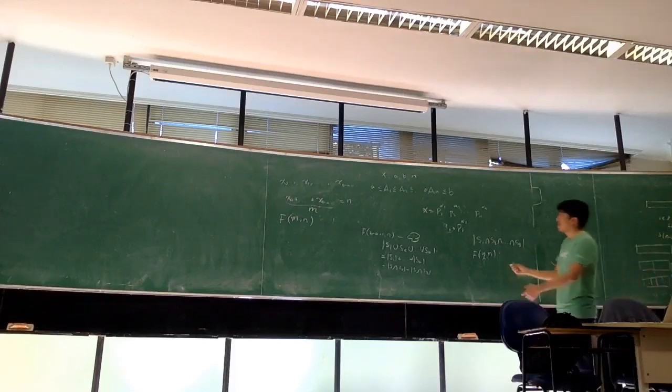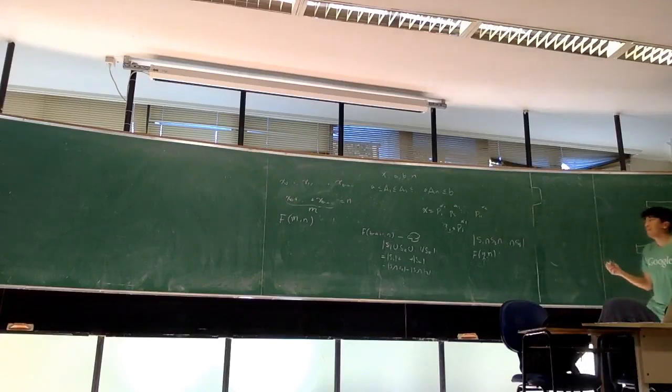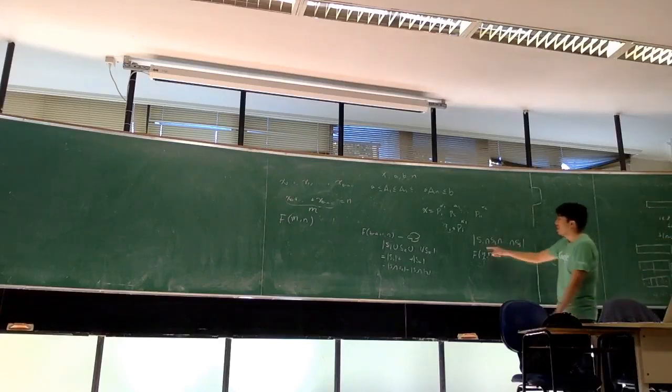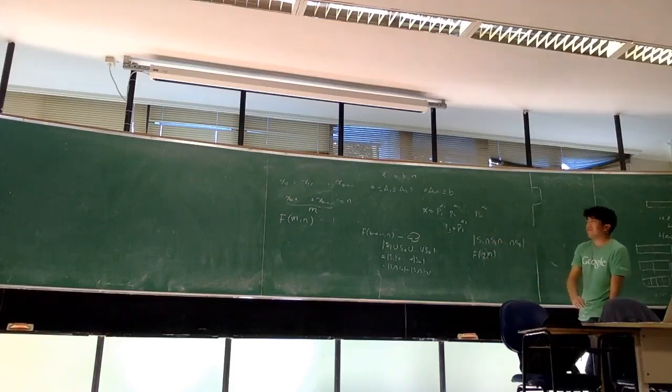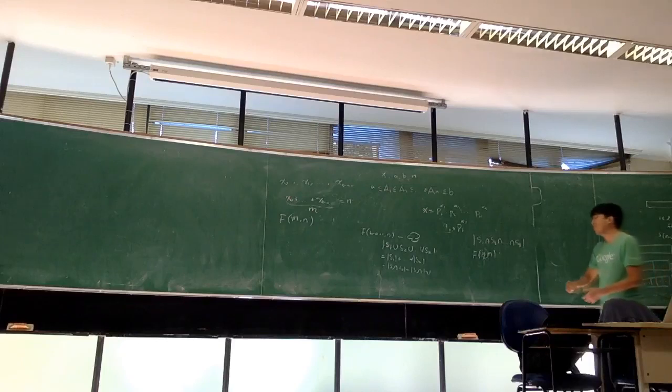So Y, once again, is the number of elements between A and B that are not divisible by Q1, Q2, QL. You can again calculate Y using the principle of inclusion-exclusion. This is actually a more well-known problem.